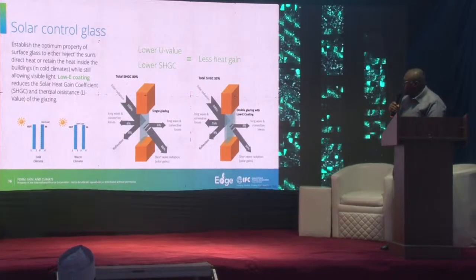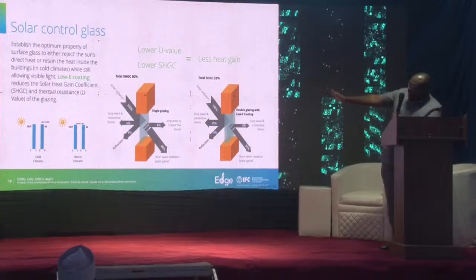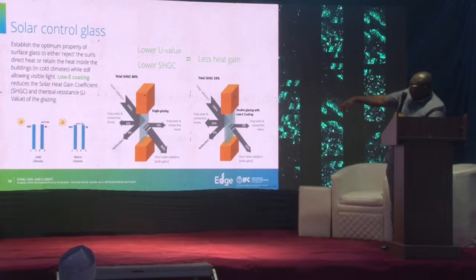So you will see that on the left hand side of this orange picture, that means you still need a lot of cooling to suck out that heat, right? And you can compare to where 100% of sunlight is coming, but because it's double glazed with low E coating, it is only allowing 33% of that.